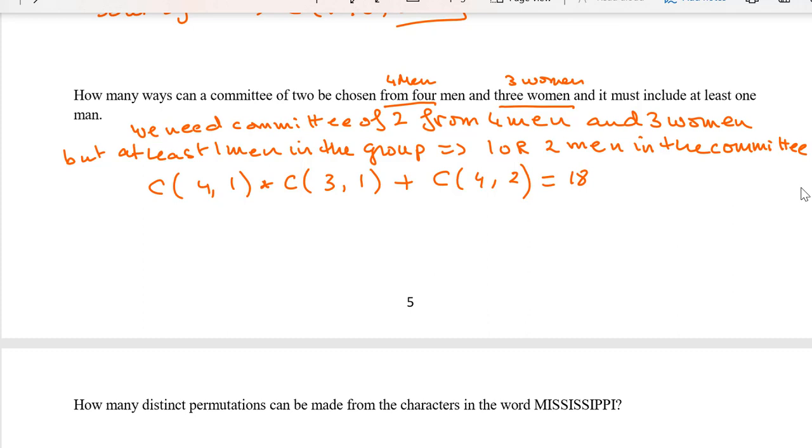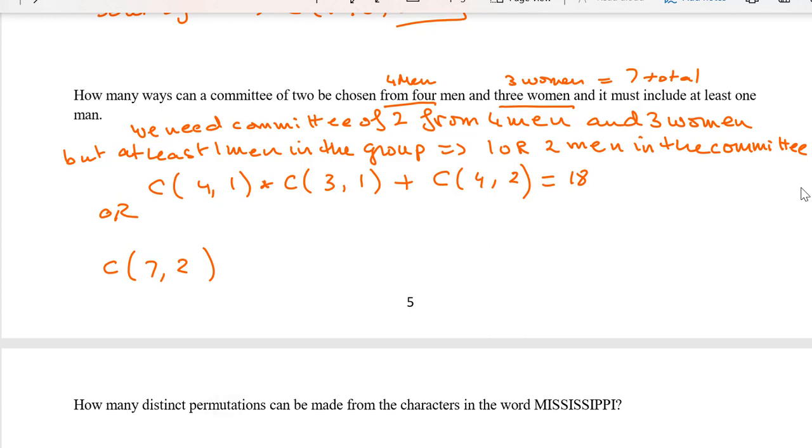Another way to solve this is to think about how many groups of 2 we can have, because the total we have is 7 people. How many groups of 2 can we have out of 7? So it's 2 out of 7.